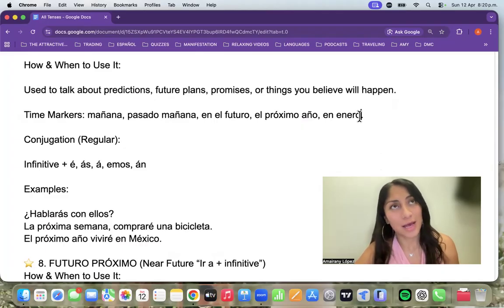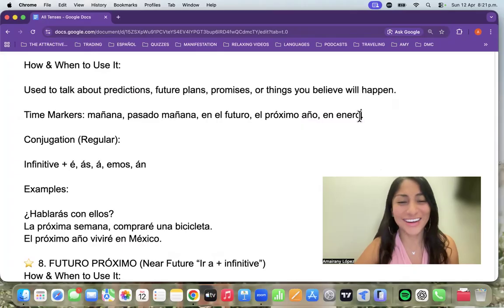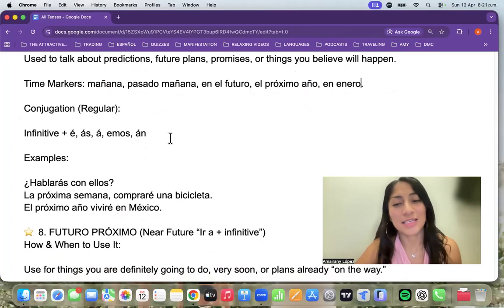We do capitalize names, of course, and establishments such as Walmart and all those different places, Bed Bath and Beyond. Not that I have ever gone there, but all of those things would definitely be capitalized also in Spanish. So, but yeah, months of the year we do not capitalize. A lot of my students ask me about that.